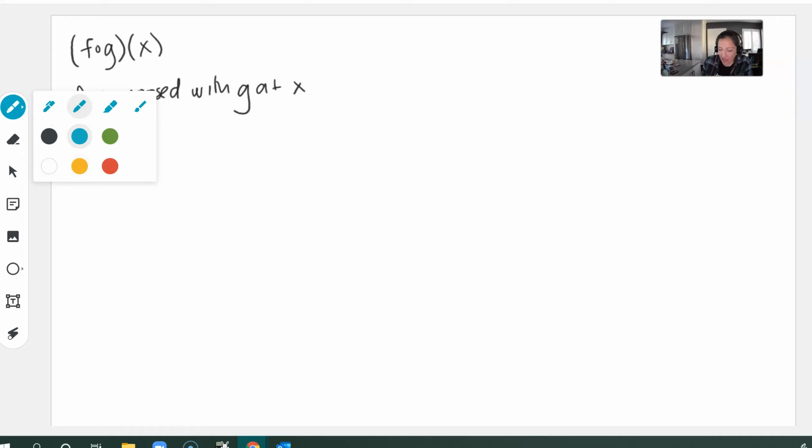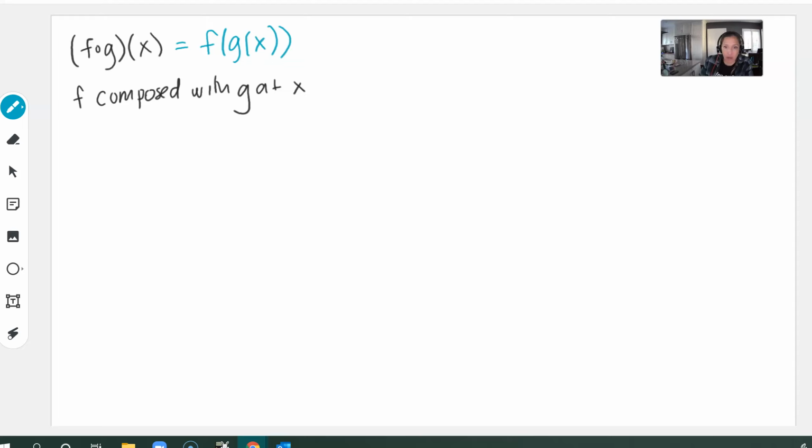The way this makes a lot more sense is when we rewrite this notation like this, and these are equivalent. In my mind, how I like to read it is f of g of x, with all these things inside of each other.